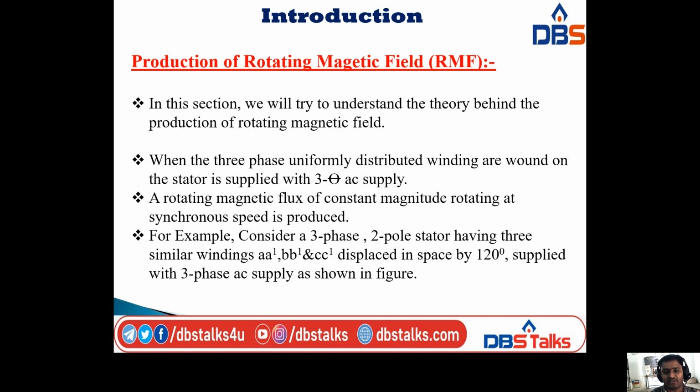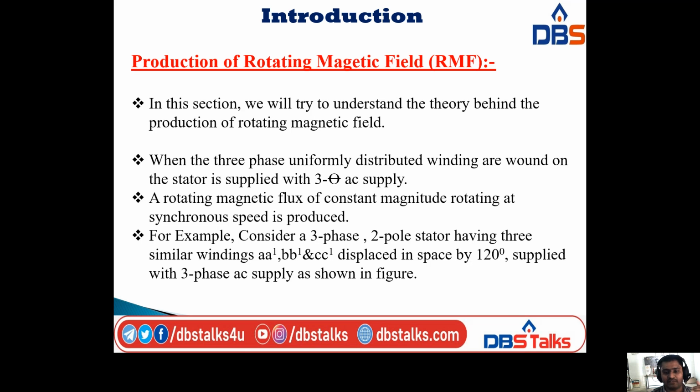For that, first we take a three-phase uniformly distributed winding, that means a three-phase synchronous motor. When the three-phase uniformly distributed winding wound on the stator is supplied with three-phase AC supply, a rotating magnetic flux of constant magnitude, rotating at synchronous speed, is produced.